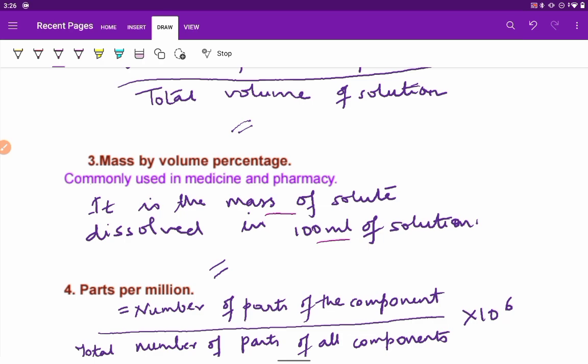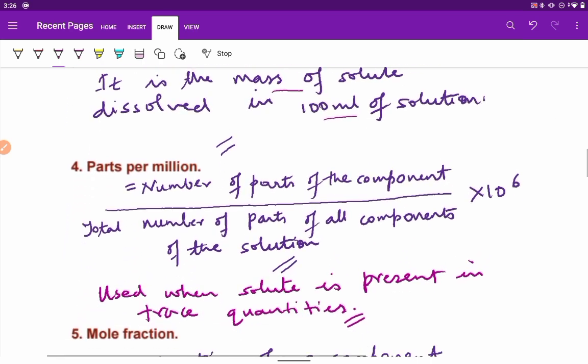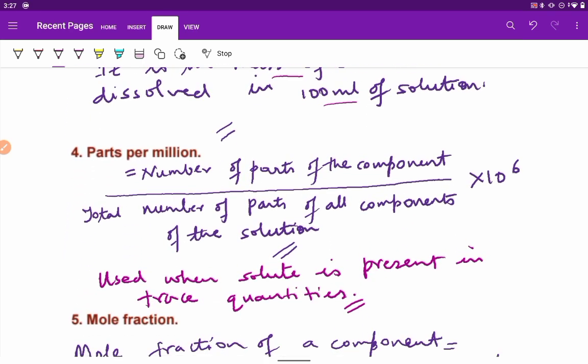Next is parts per million. If the solute is present in trace quantities, we can express it in parts per million, also referred to as ppm.